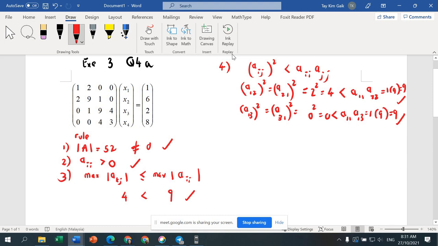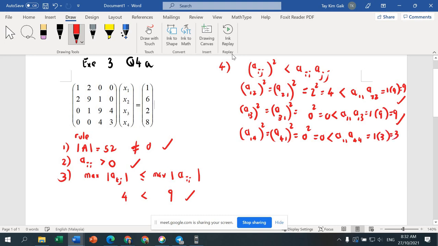Since A14 squared equals A41 squared, this is A12, A13, A14. A14 squared is 0 squared, equal to 0. Is it less than A11 times A44, which is 1 times 3?